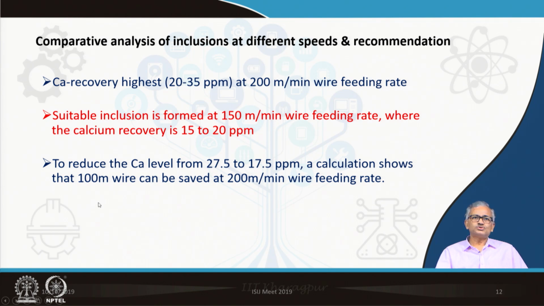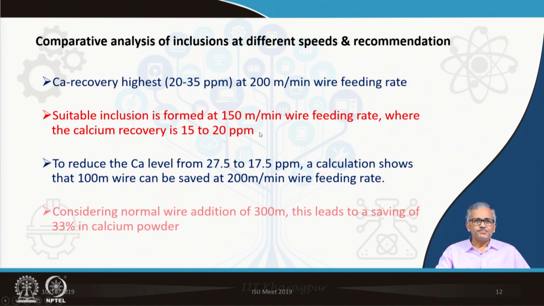A calculation shows the 100 meter of wire I can save if I operate at 200 meter per minute, because at 150 meter per minute I had to add more calcium to get 15 to 20 ppm of calcium in the bath. So, now with 200 meter per minute if I inject, then the recovery will be maximum. So, I can reduce some amount of wire addition.